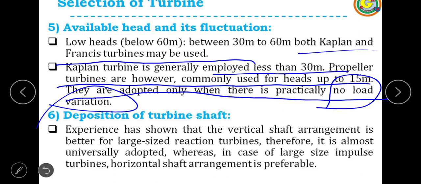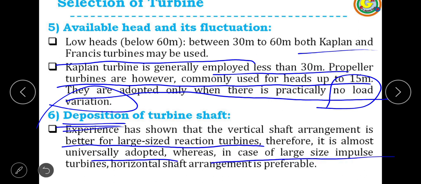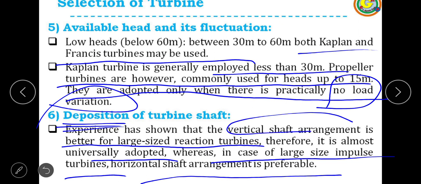Disposition of turbine shaft. Experience has shown that the vertical shaft arrangement is better for large sized reaction turbines, that is Francis.